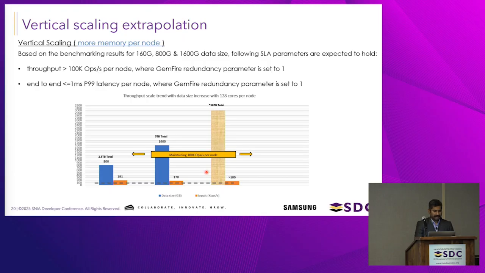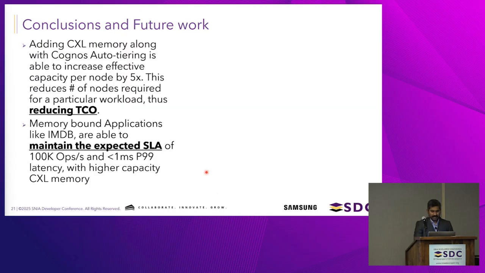All right, coming to the conclusion, the TCO was one of our motivating factors when we started the whole exercise. Adding the CXL directly gives you a bump up in memory per node and makes your node more memory dense.